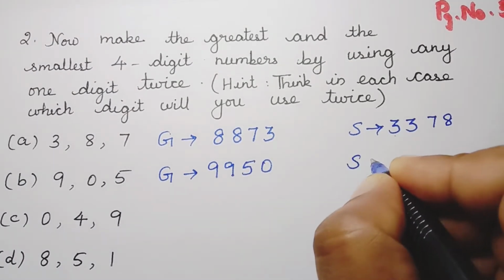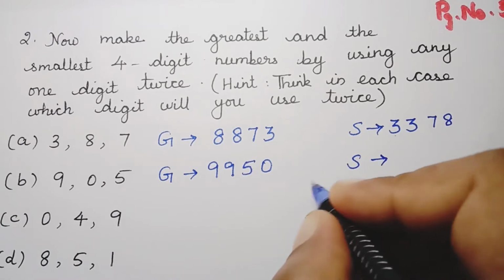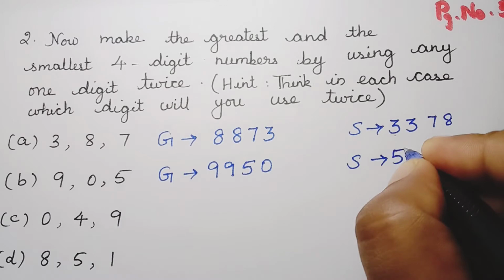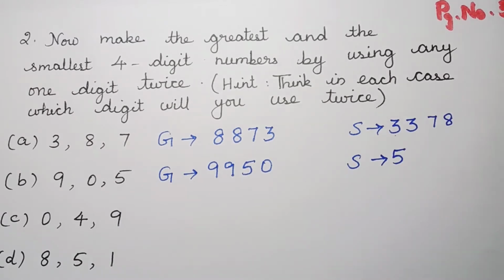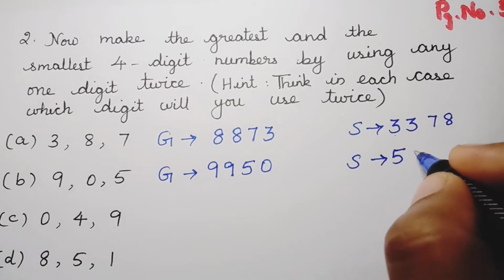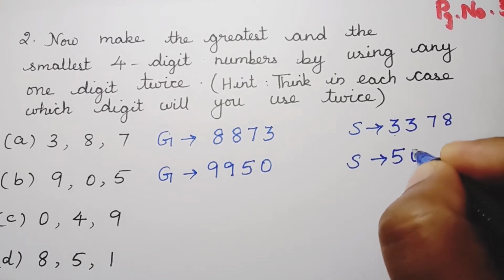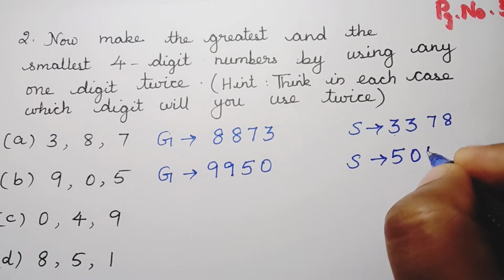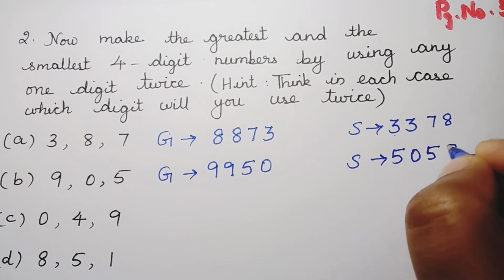Smallest number, how will you write? Anyway, you can't use the 0 at the first place, so you are using 5. Then you should not use 5 again. What you have to use is 0, then you have to repeat 5, then 9.